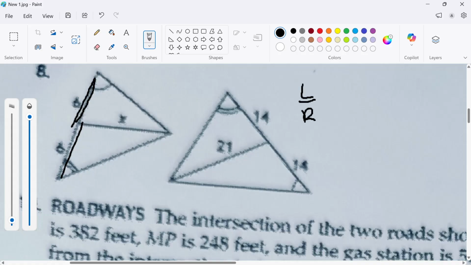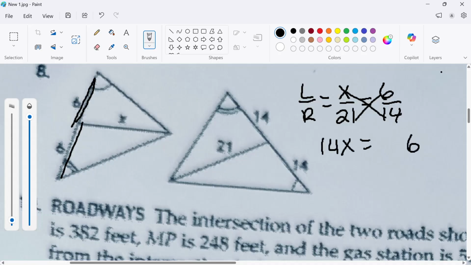Left to right equals, I'm going to use x to 21. That's the median, equals 6 to 14. Cross multiply, 14x equals 126. X equals, what is this number? 9, I think. 9 times 4 is 36. 9 times 14 is 126. X is 9.